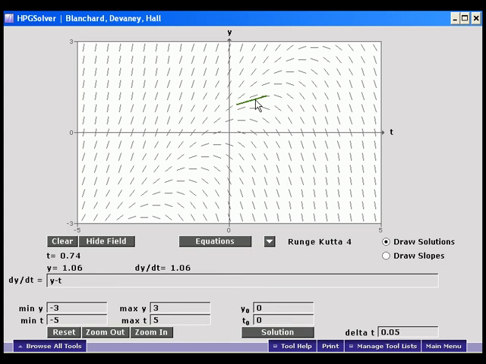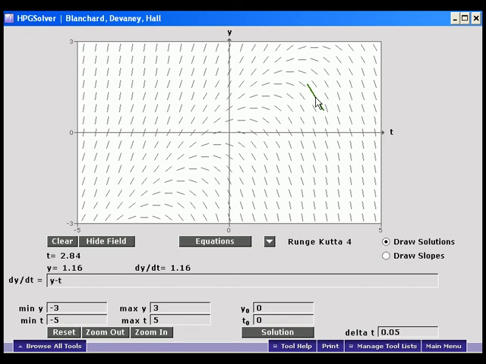And if you go over here to t equals 1, y equals 1 approximately, that slope should be 1 minus 1, which is 0. So at a lot of the points in the plane, they've drawn an arrow showing the slope, and that's simply the value of y minus t at that point t and that y.